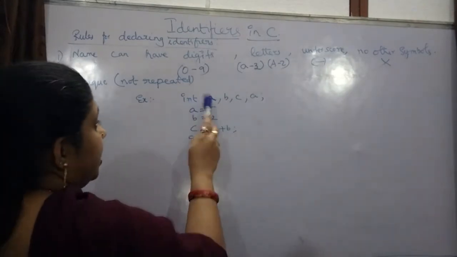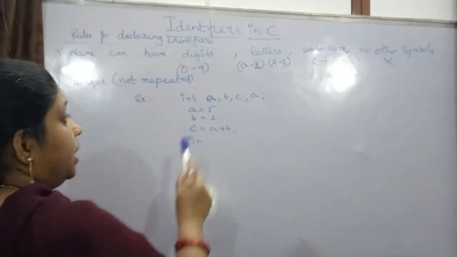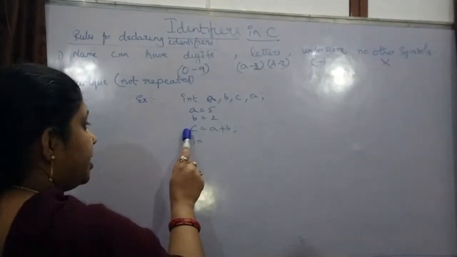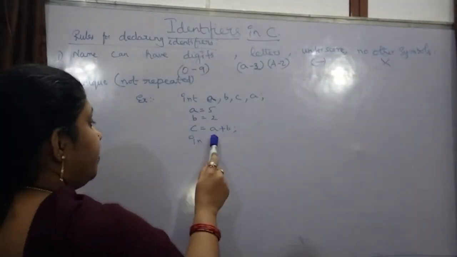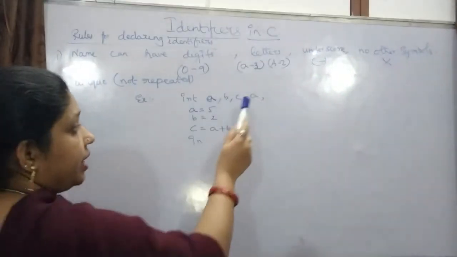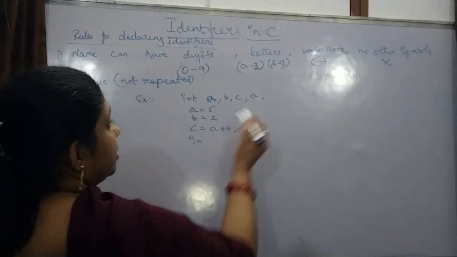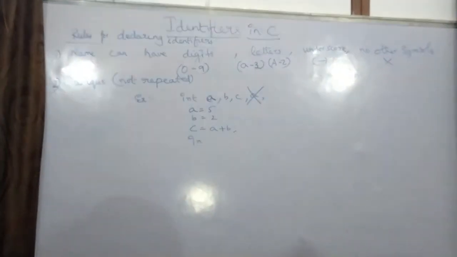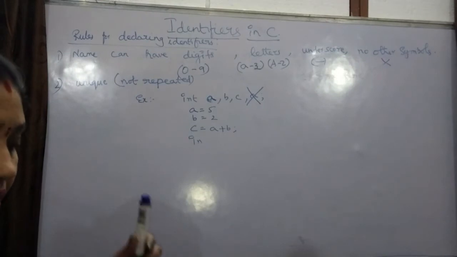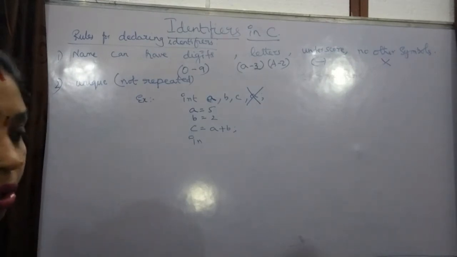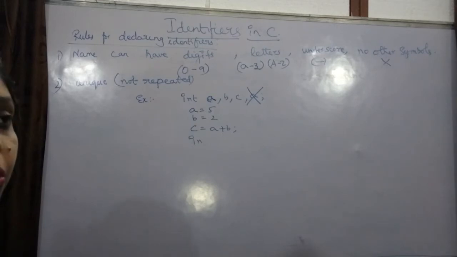I have declared A first, A I have assigned 5, B I have assigned 2, and C equal to A plus B. Now after this, suppose I want to declare one more variable, can I declare like this? This is wrong. You cannot declare an already declared variable name. You should not declare that variable name once again.